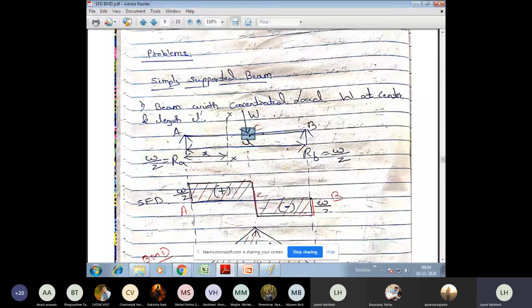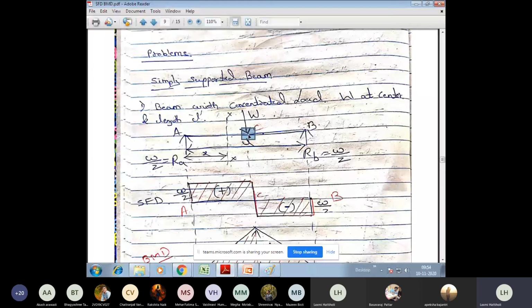Very correct. So the effect of W on the point C is 0. But in the left portion you have one force, that is RA, which is W by 2. Now what is the distance between A to C? L by 2, very correct. L by 2 is the distance between A and C.